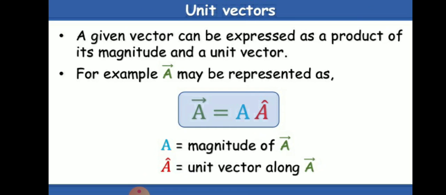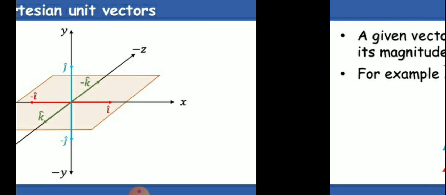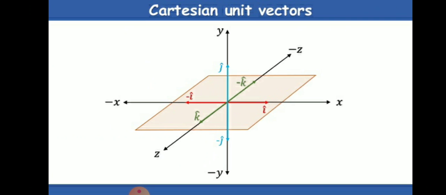Vector A means it has magnitude as well as direction, right? Here the blue A indicates the magnitude, and the red A indicates the direction. So A into A cap is vector A. This is the Cartesian unit vectors, the representation of unit vectors in the coordinate system. You can observe in the XYZ plane the unit vectors are i cap, j cap and k cap respectively. They are perpendicular to each other.